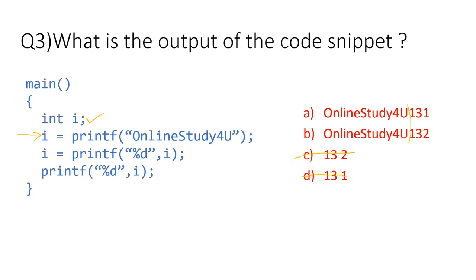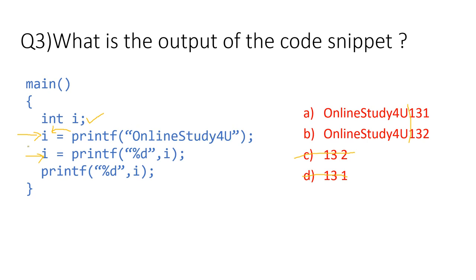In the second line what happens is printf %d I. In the first line, after printing online study for you, it stores the length of online study for you, the string which is in the double quotes, to this variable I. So what is the length of this string? 1 2 3 4 5 6 7 8 9 10 11 12 13.